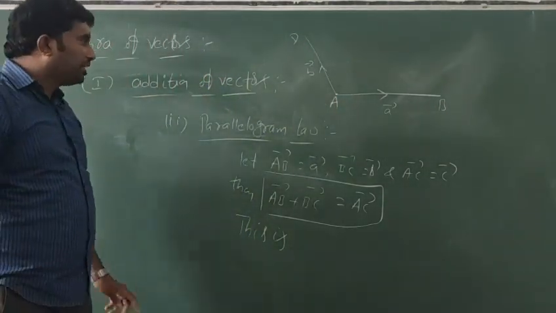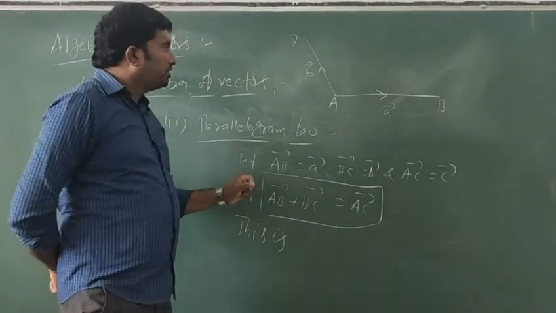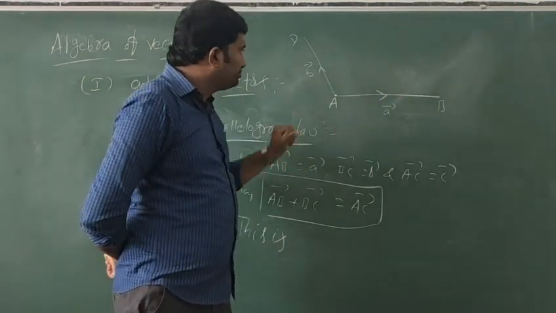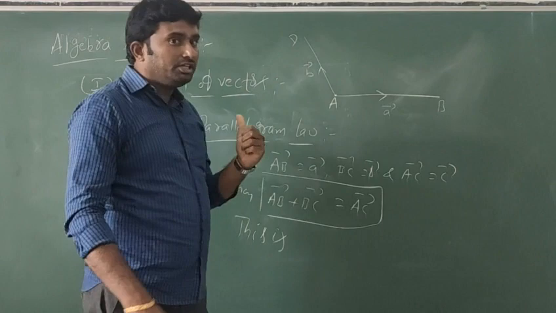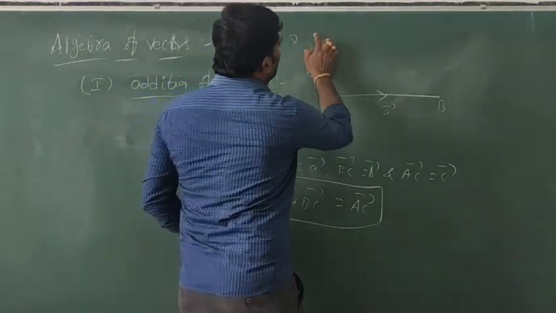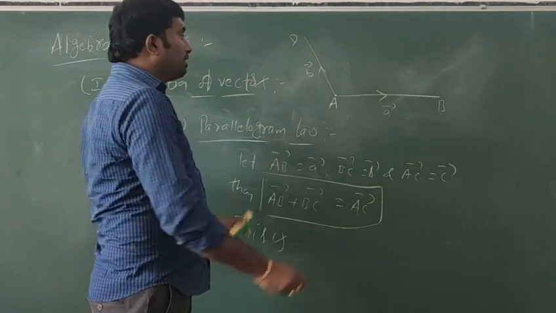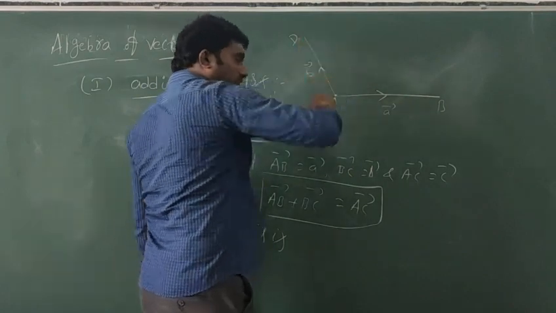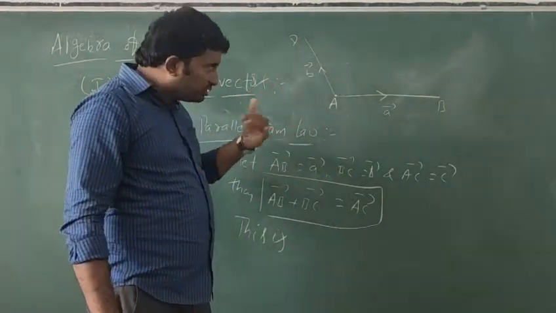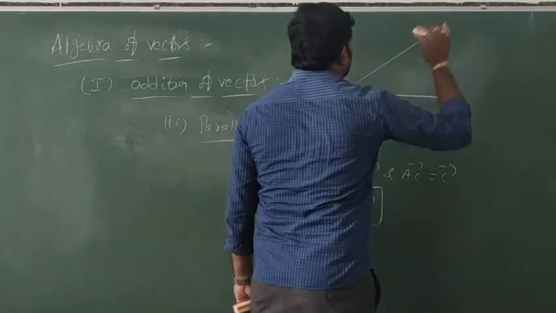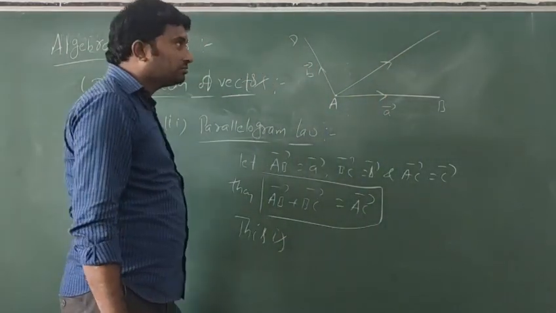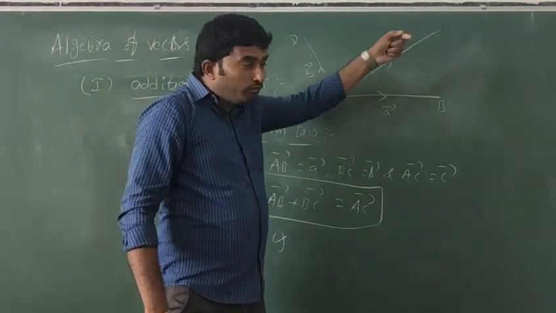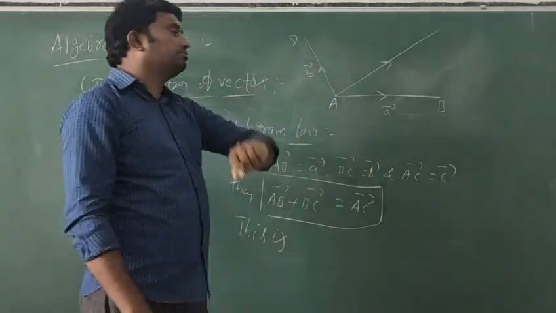So what is the parallelogram law of addition of vectors? If two co-initial vectors are represented in magnitude and direction by the adjacent sides of a parallelogram, then the resultant, that means the sum of these two, is also expressed in magnitude and direction by the diagonal, not a side, by the diagonal of the parallelogram which is passing through their initial point.